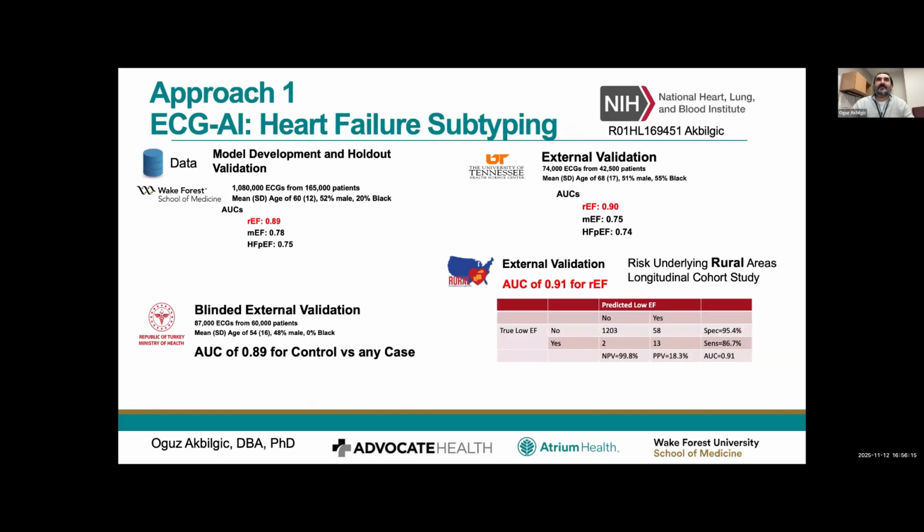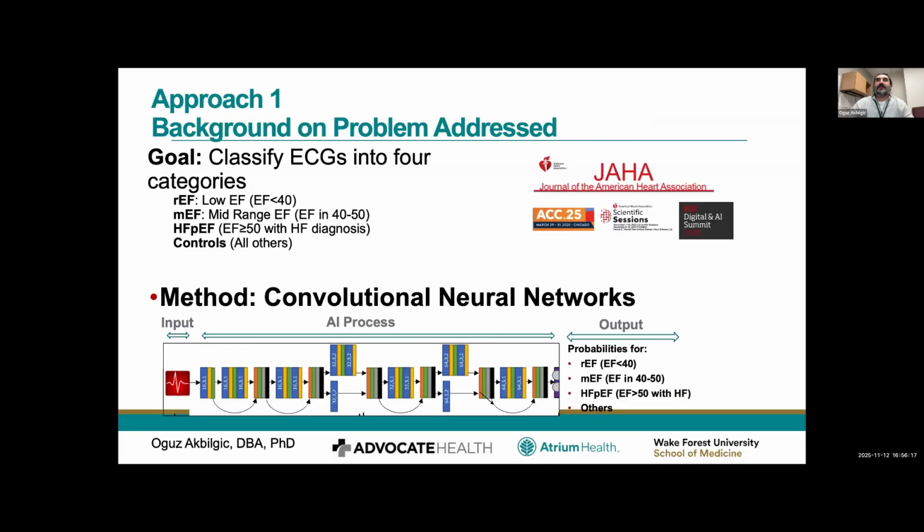Okay, so here are cases, in this specific study, patients with low EF. For this one, everybody else is a control, whether they have other types of heart failure, other types of left ventricle dysfunction, or any types of arrhythmias, or are free from any cardiovascular disease. They are all controls here. Okay, thank you. Of course.